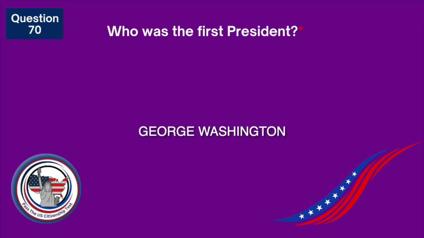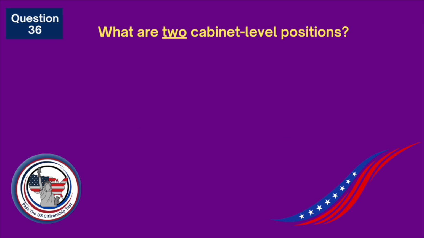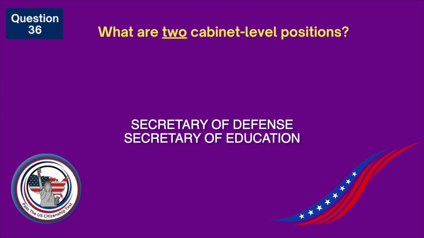George Washington. What are two cabinet-level positions? Secretary of Defense, Secretary of Education.